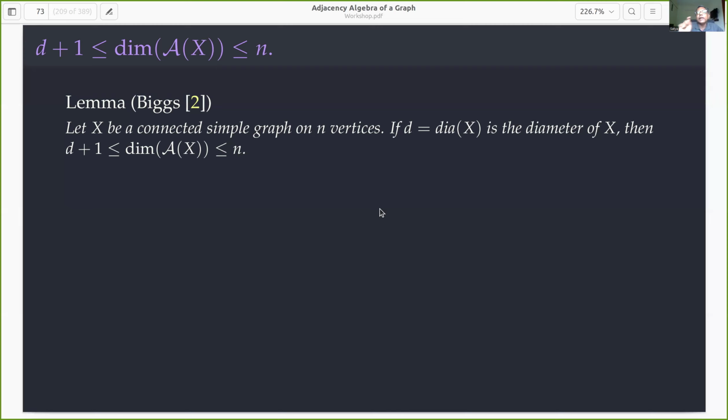The distance between i and j is 5. Then what is the ijth element in the matrix A square? In A square, the ijth entry is the number of walks of length 2 from i to j, right?